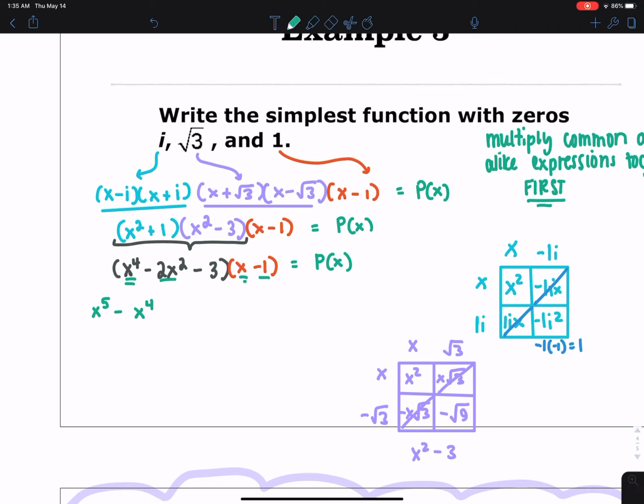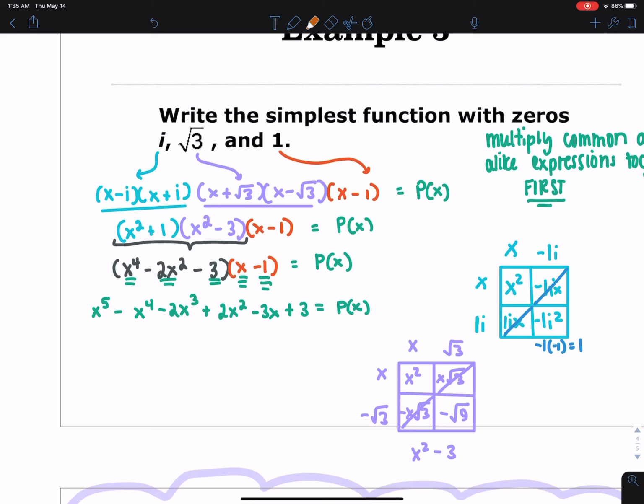And then negative 2x squared times x would be minus 2x to the 3rd. Negative 2x squared times negative 1 would be plus 2x squared, and then minus 3x, and then plus 3. And that's going to give us our polynomial p of x.